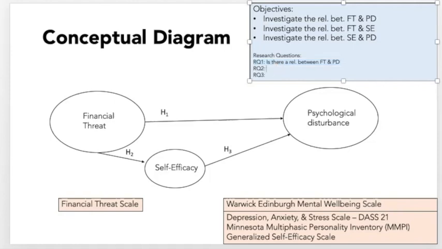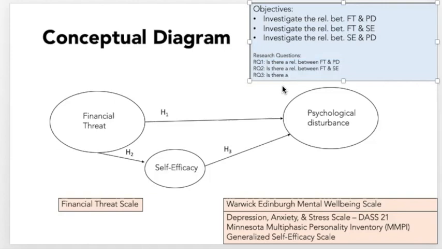And then research question 2, let's type that out as well. Is there a relationship between financial threat and self-efficacy? That has derived from my second objective. And then I have a third research question as well.